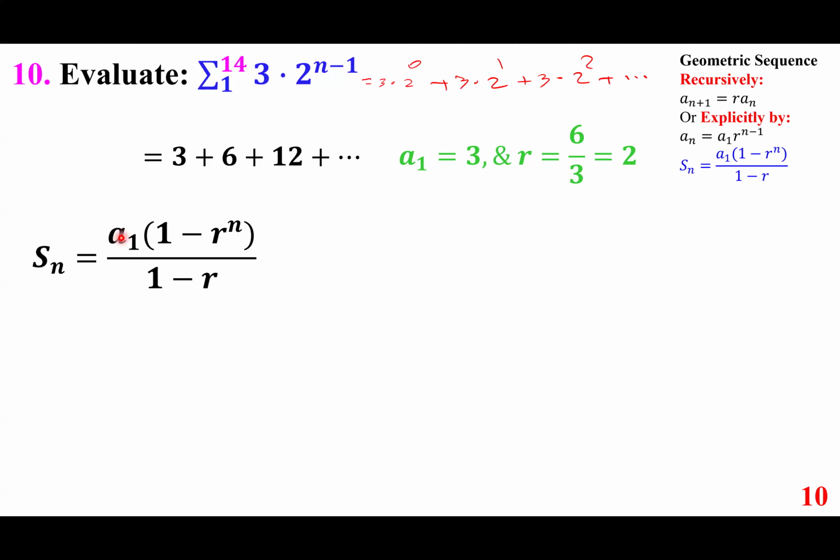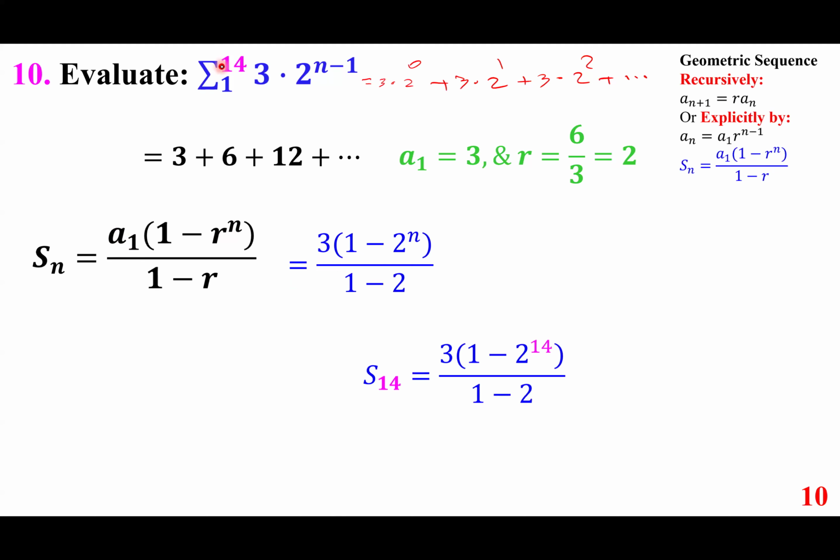Replace the A1 with 3, R with 2, here and here. And n is whatever number this one is, 14. Now, obviously, the denominator is negative 1.